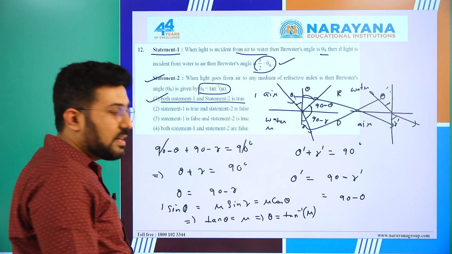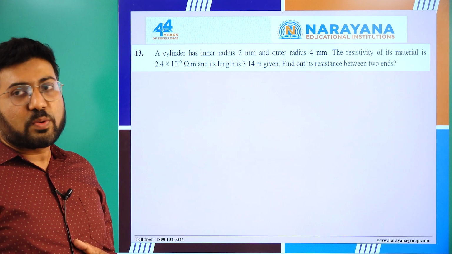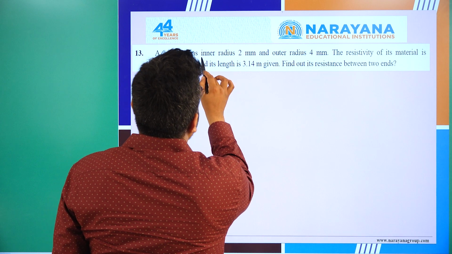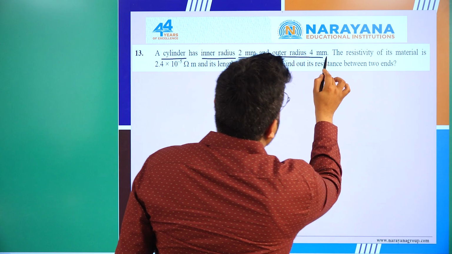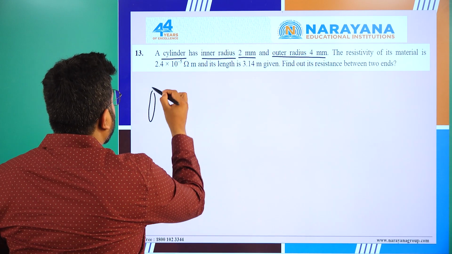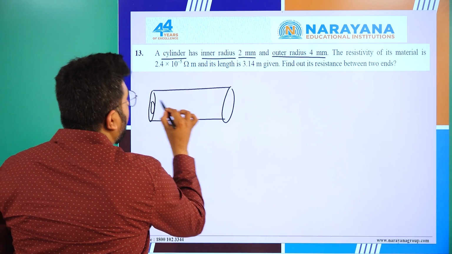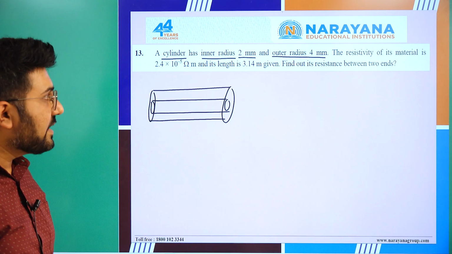Okay. Let's go to the next question. In this question they have given the cylinder has inner radius 2 millimeter and outer radius 4 millimeter. So this is the cylinder, they have given you the inner radius as well as the outer radius.